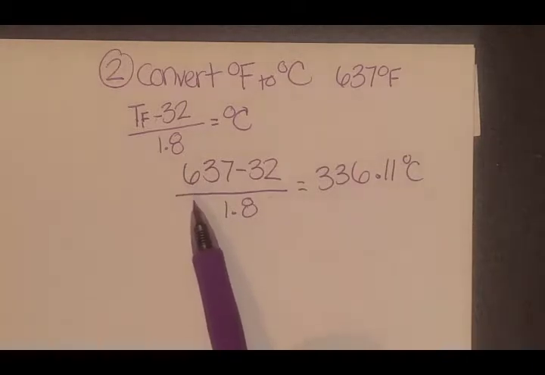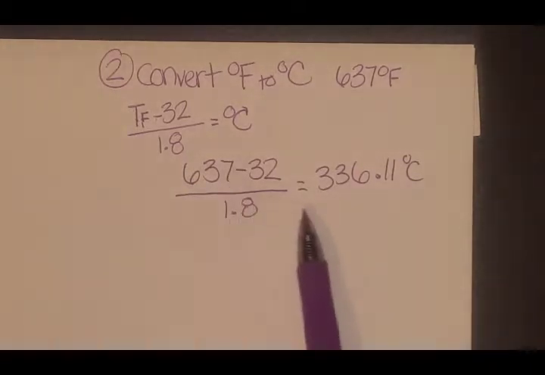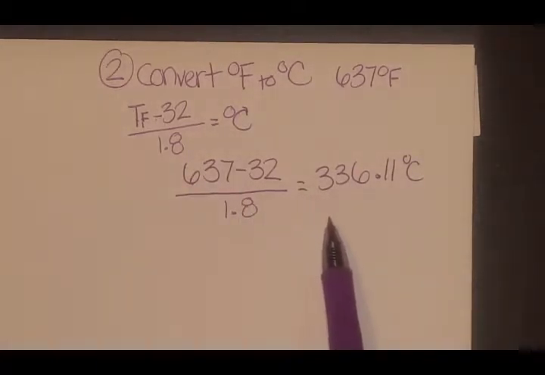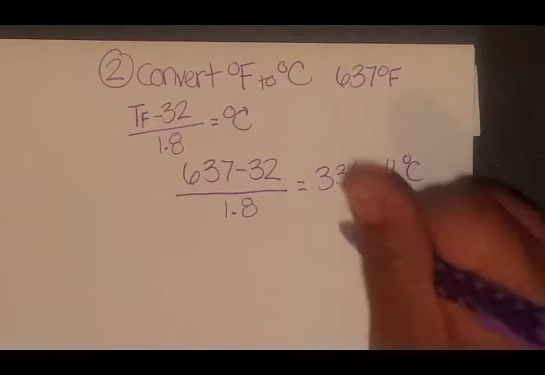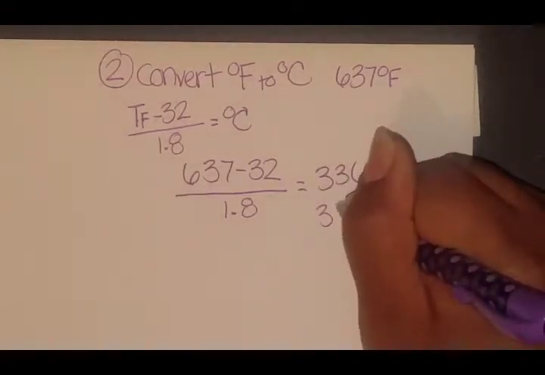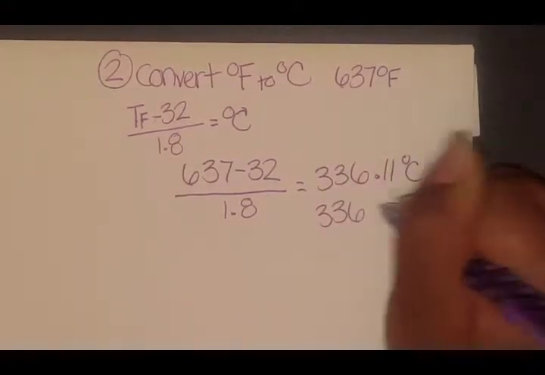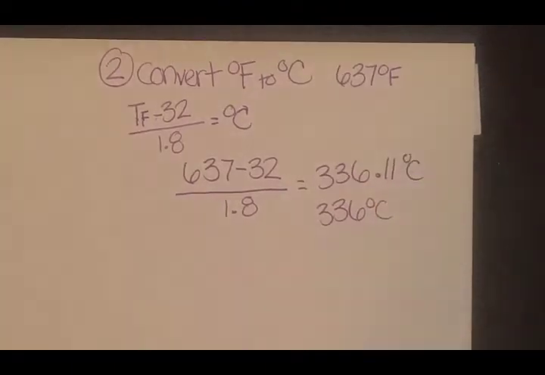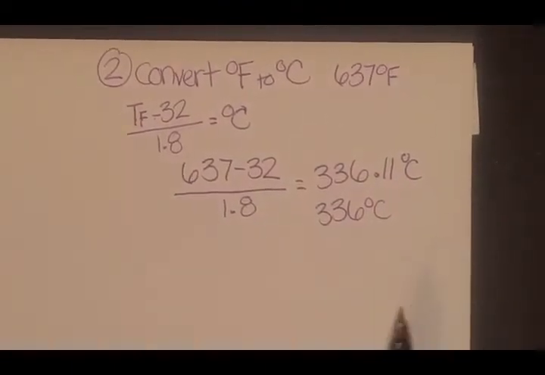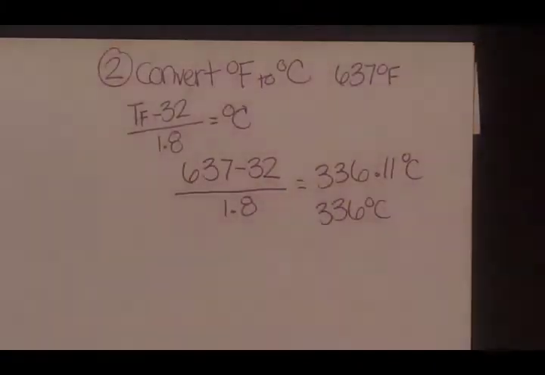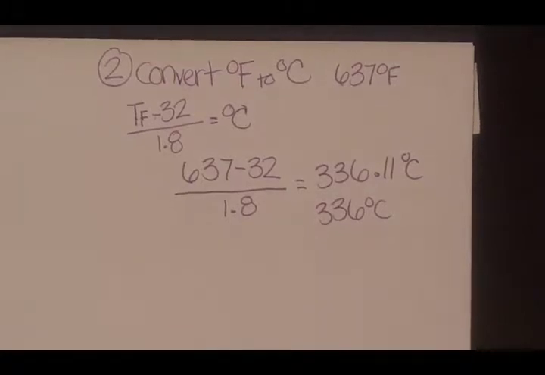So you're going to use your 3 significant figures, which would be this 336, and you're going to round to 336 degrees Celsius. And now we have found our joules and our degrees Celsius. So now we can start to solve for our problem.